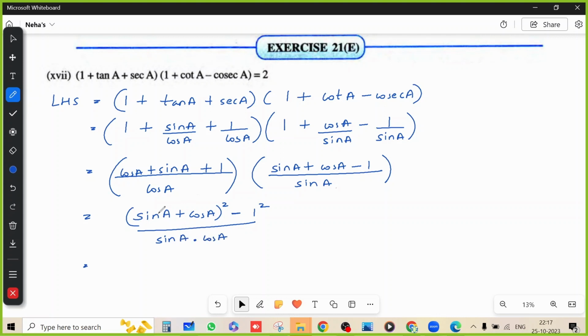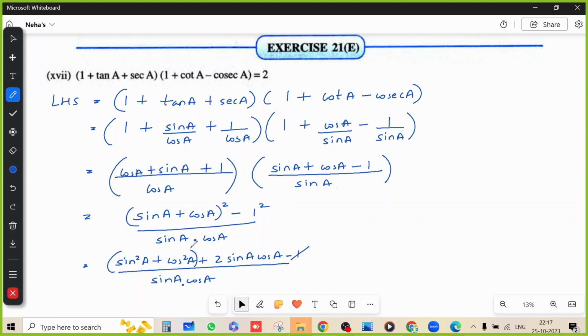Now we will apply the formula of A plus B whole square in this bracket. So it will become sine square A plus cos square A plus 2 sine A cos A minus 1 square, that is equal to 1, divided by sine A into cos A. Now we know that sine square theta plus cos square theta is equal to 1, and this one will get cancelled out with the minus 1 over here.